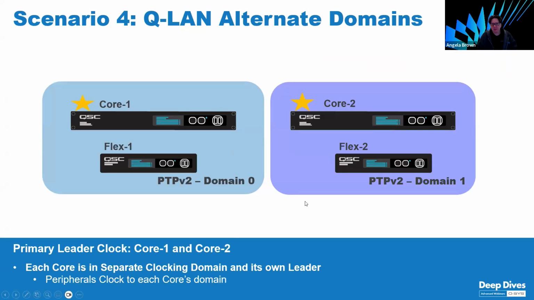So that's exactly what we're going to do: get them into 2 different domains. The PTPv1 priority 1 value doesn't matter, because remember, by default the core is 254 and the peripheral is 255, so the core will automatically win the clock algorithm on each of its domains.